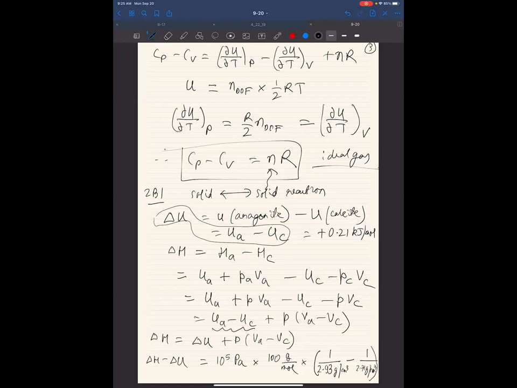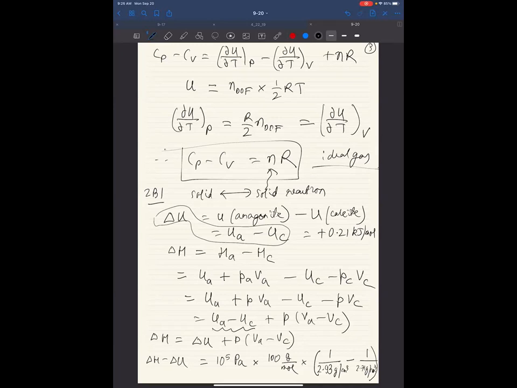So let's see if the units make sense. Gram, gram cancel. We will have Pascal multiplied by centimeter cube divided by mole. Pascal is pressure, right? So let's do a quick check. Pascal multiplied by centimeter cube is pressure multiplied by volume. What is pressure? Pressure is force by area. And what is volume?